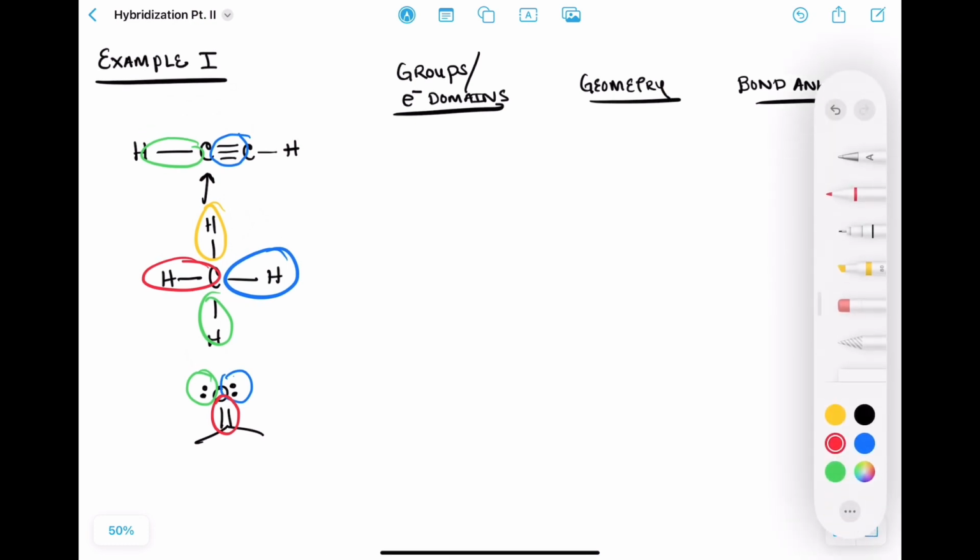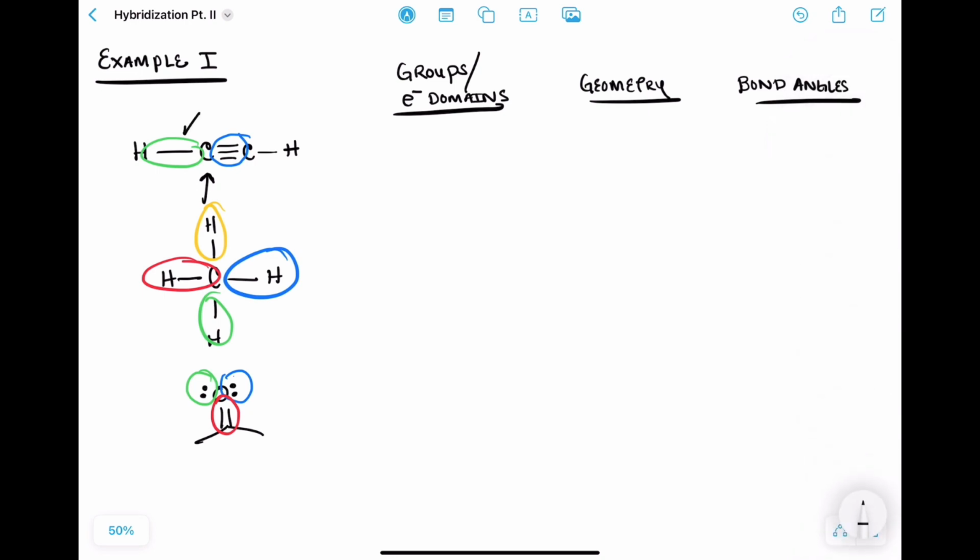So here we have 2 domains. Here we have, I'll point at all of them, 4 domains, 4 electron domains. And then here we have 3 electron domains.